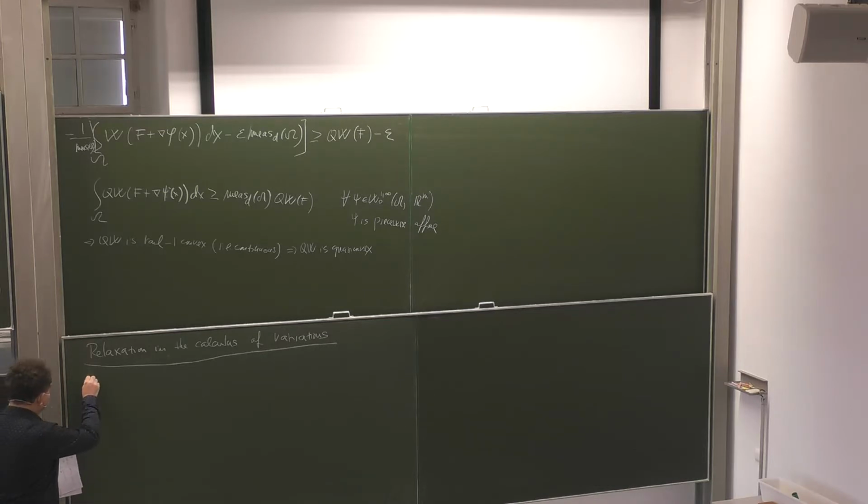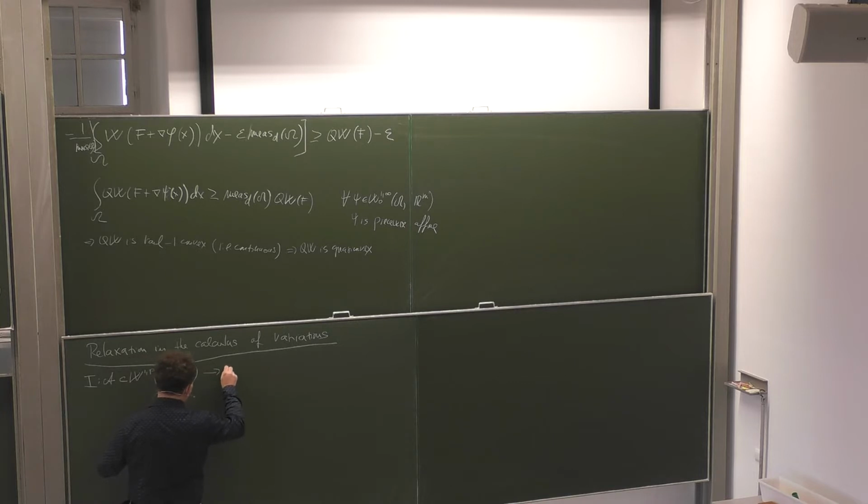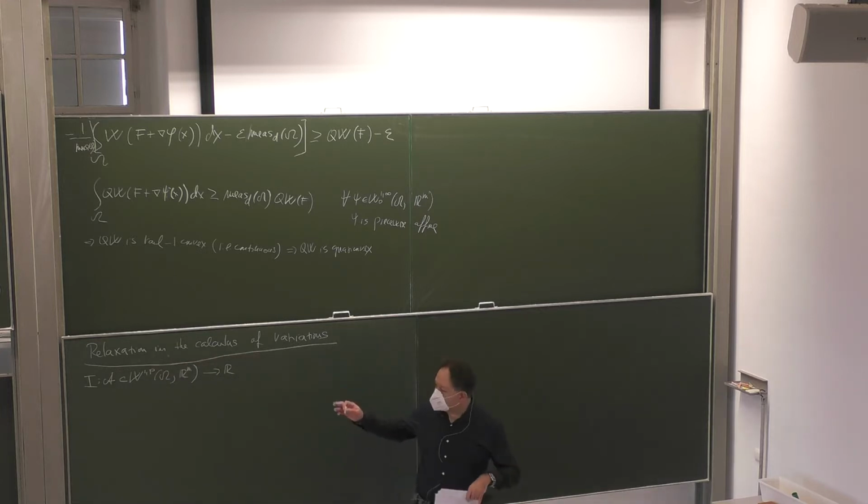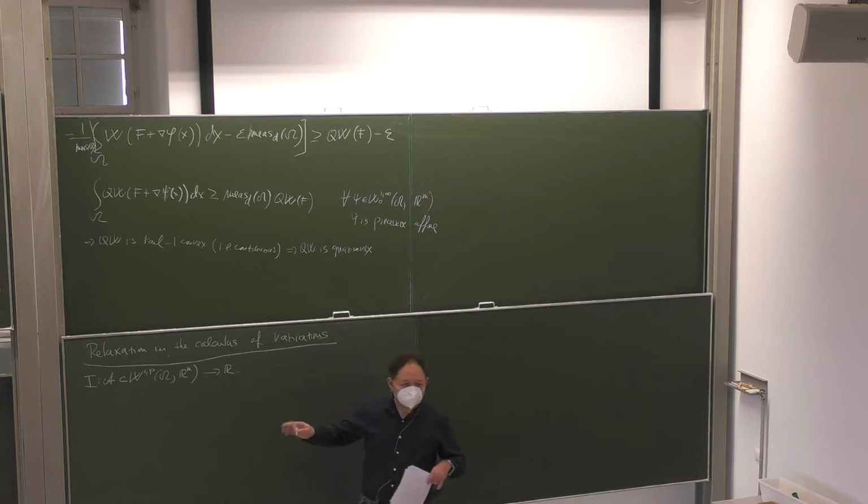So we have our functional I, which is maybe defined on some set A, a subset of some Sobolev space, going from R^m to R. I don't put plus infinity here because it's not really clear how to do it in this case.